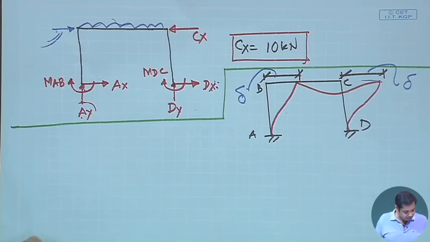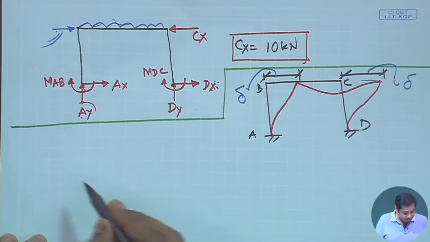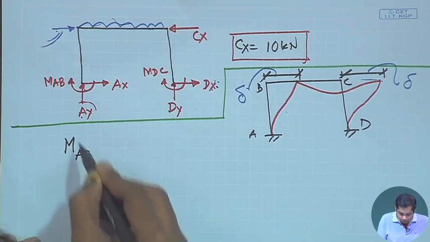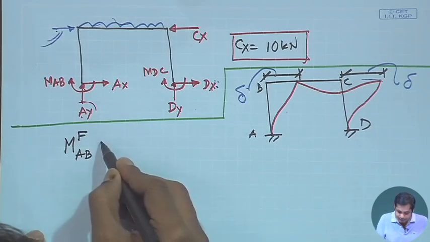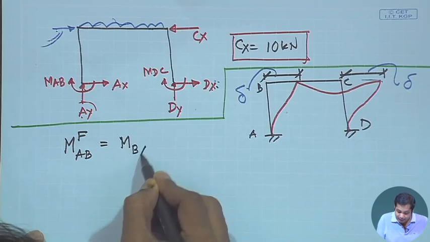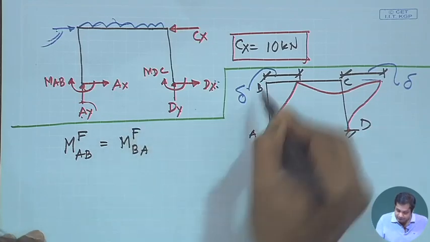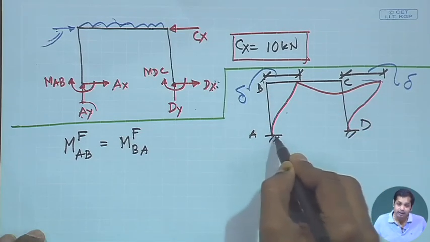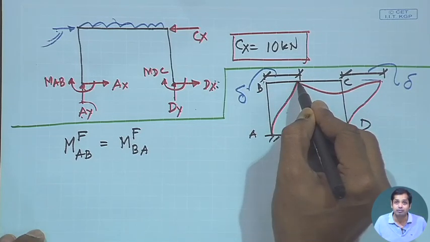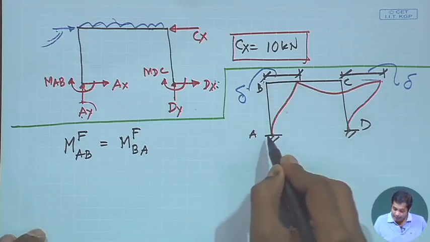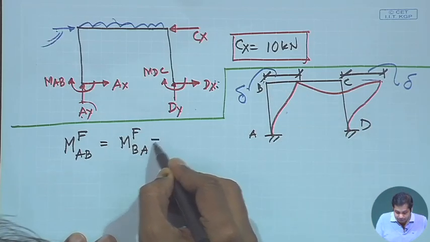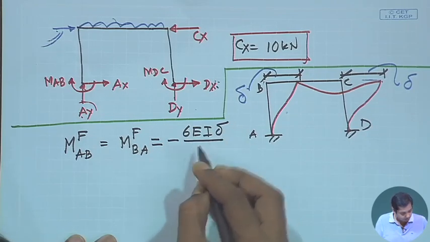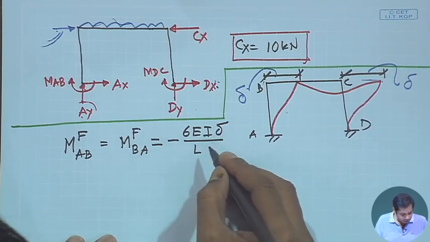So, what is the value of fixed end moments? Fixed end moment MAB is equal to MBA, again fixed end moment. If you consider this member, in which this joint undergoes a settlement of delta amount, in both the cases, if you remember, the fixed end moments will be minus 6 EI delta by LAB.